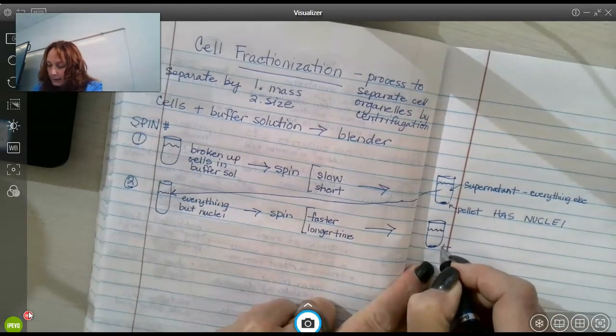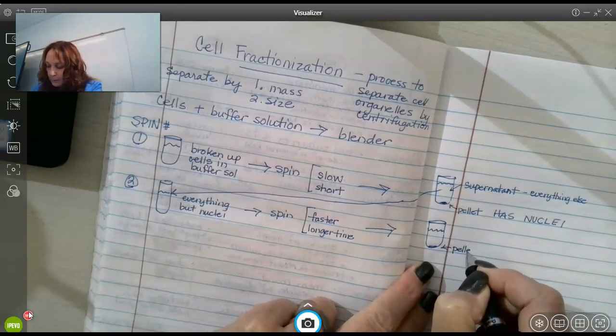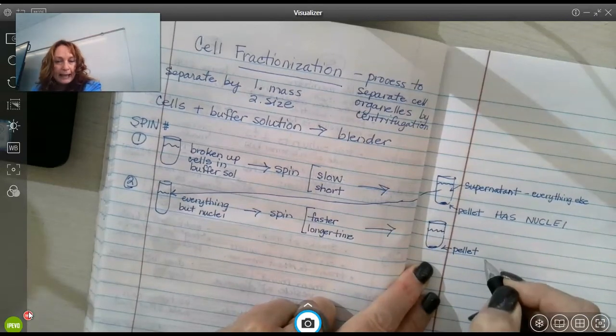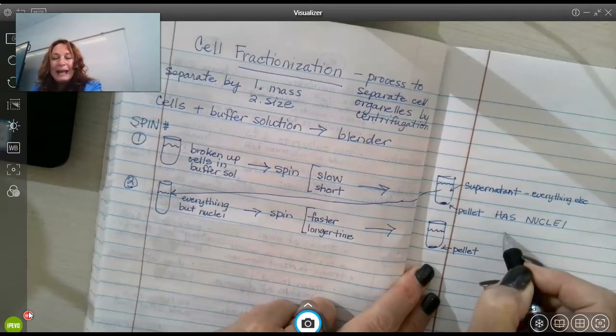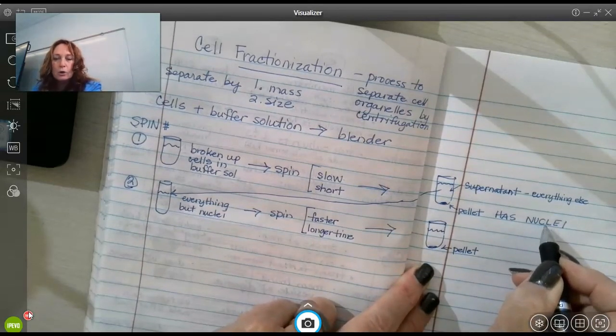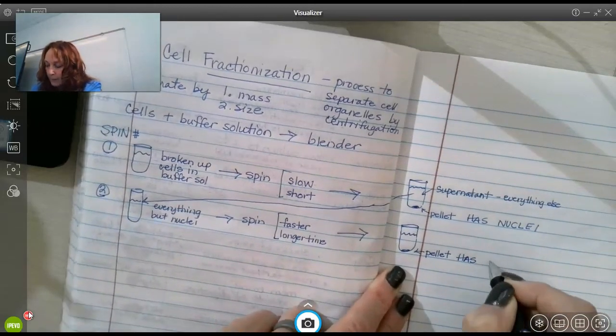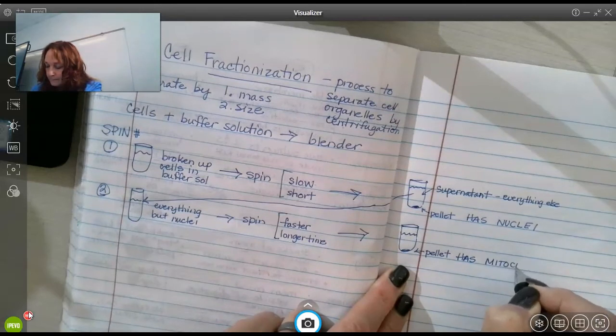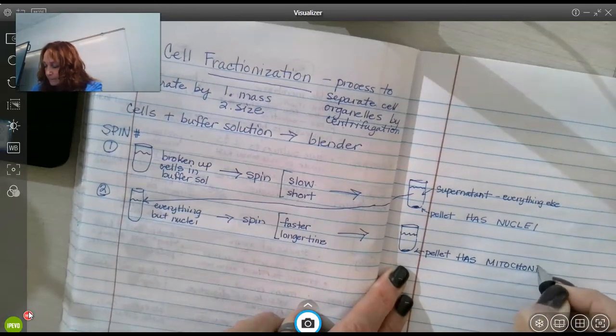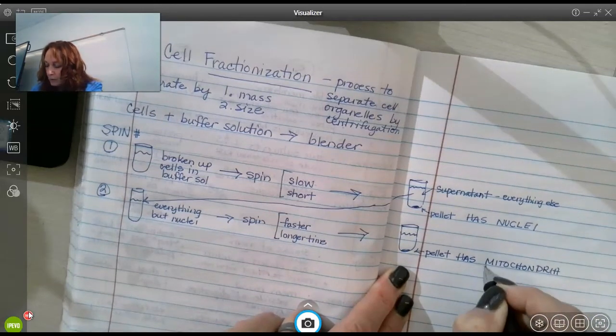This pellet now is going to contain whatever was next biggest to nuclei. So the pellet has mitochondria and chloroplasts.